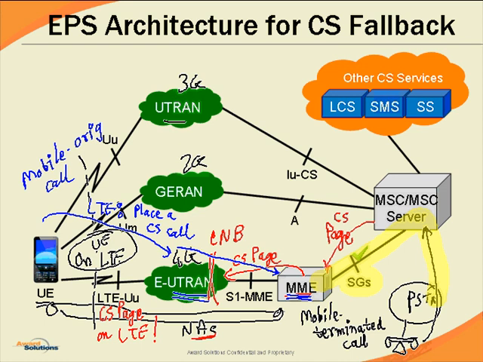But the main interface that helps us implement CS fallback is SGs. This way, an incoming call can be received by the UE. Similarly, when the UE wants to make a call, then the MME will again work with the UE to help the UE go to another technology.